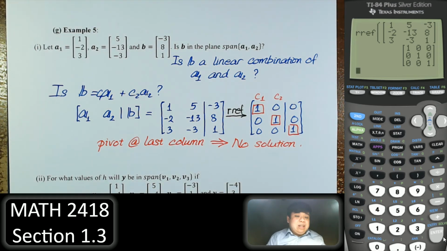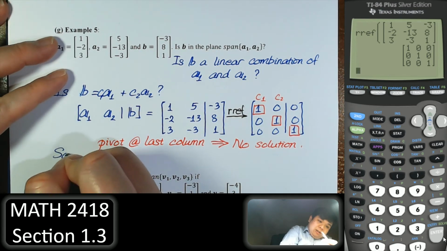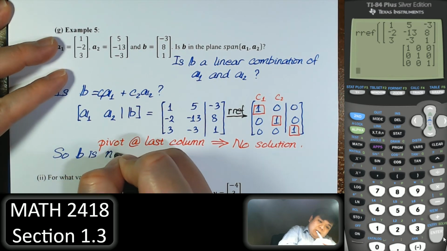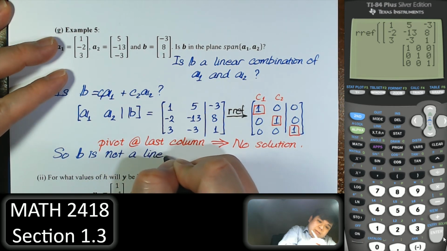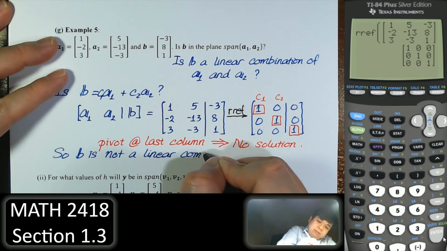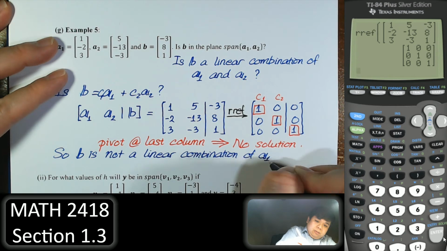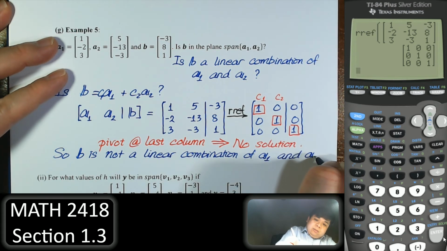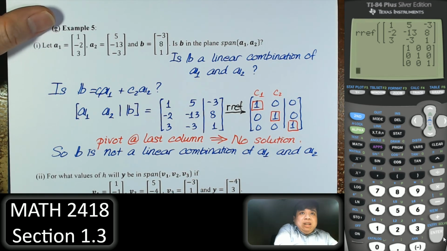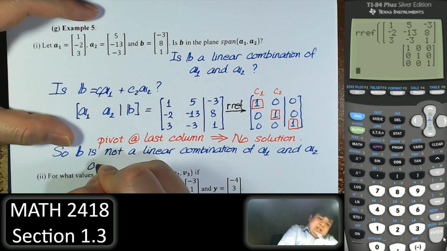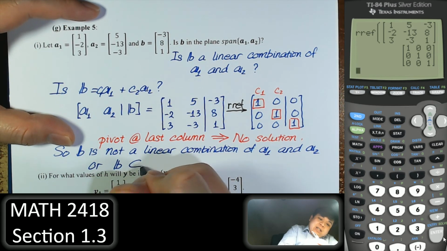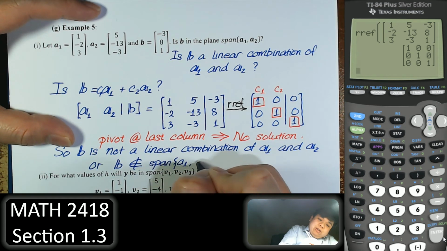If there's no solution, then we say B is not a linear combination. So B cannot be generated by A1 and A2.